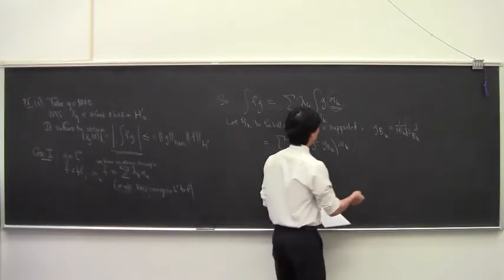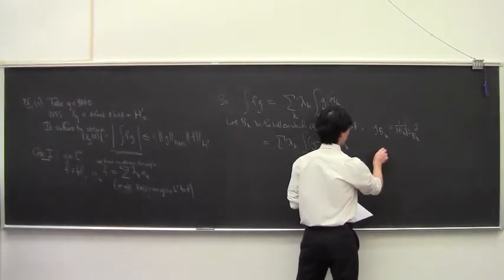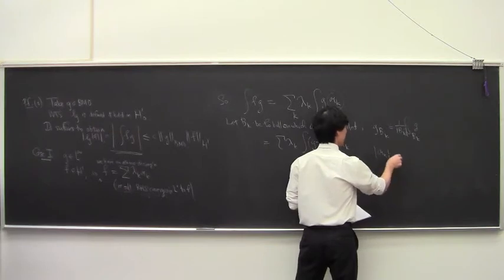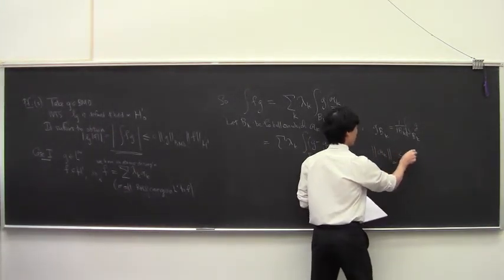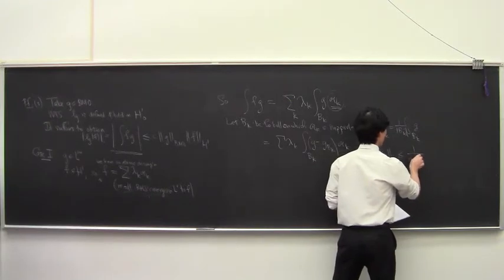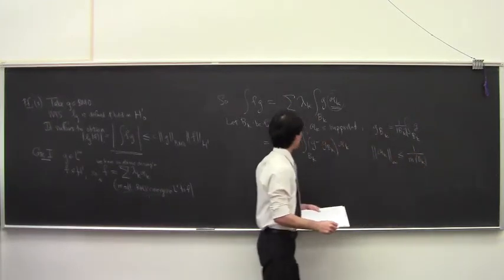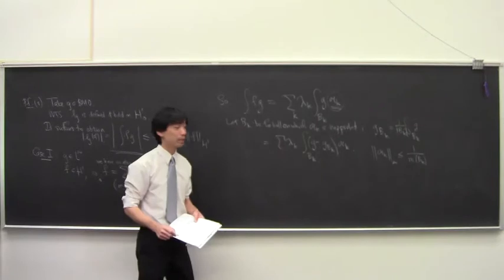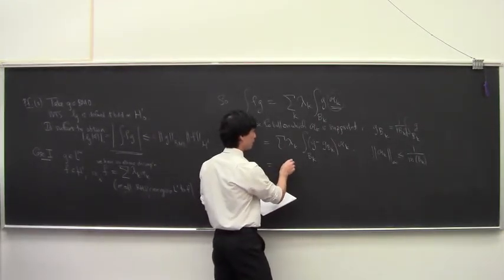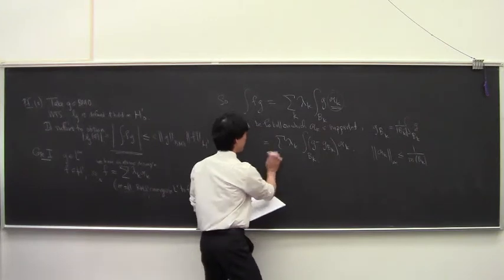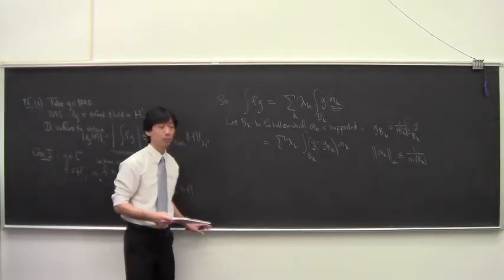And now we use the other fact about A sub k. We know that the infinity norm of A sub k is controlled by 1 over the measure of B sub k. And so this is starting to look pretty good.